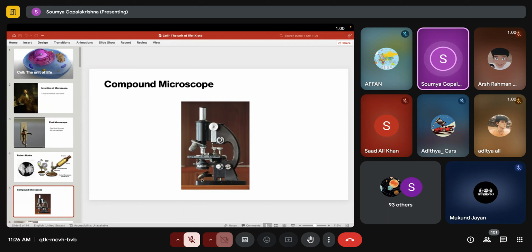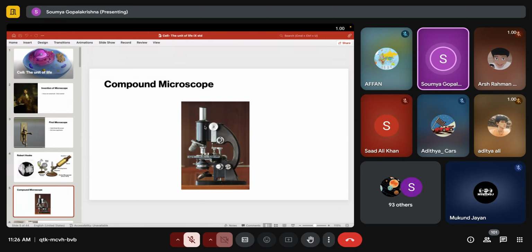And then you have the concave mirror, and light, sunlight or even the normal light in the room, is focused so that it falls on the specimen, and then it is used to view the objects. This is called a compound microscope.